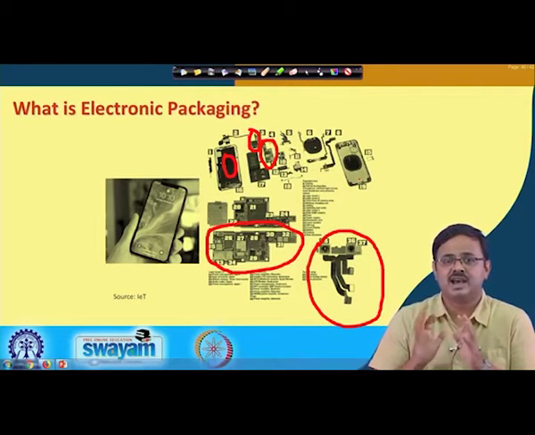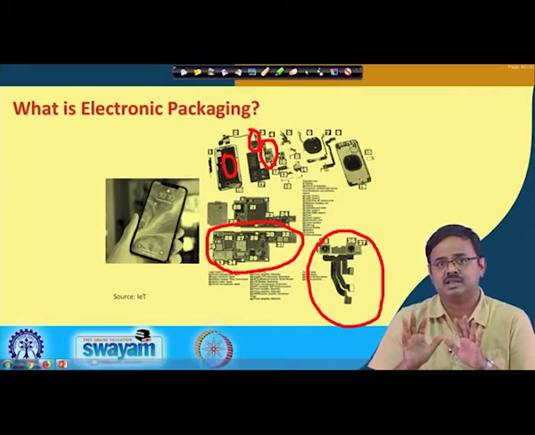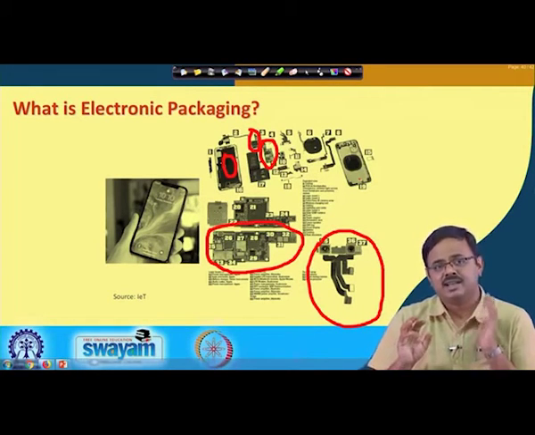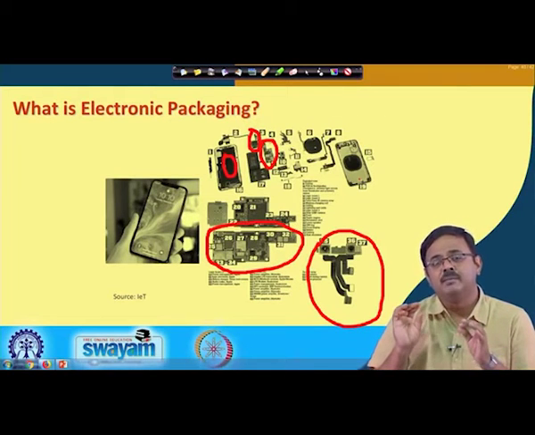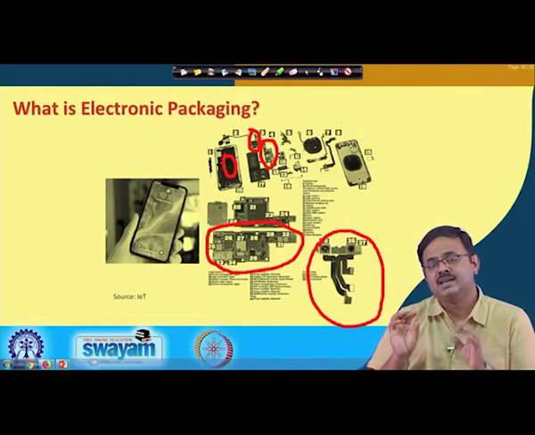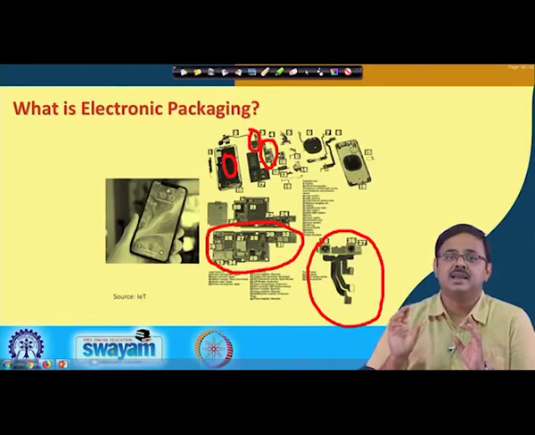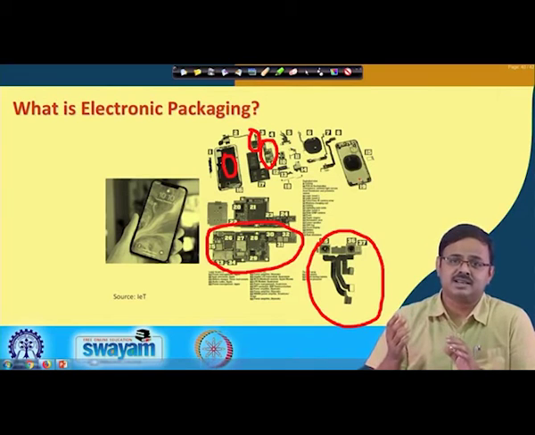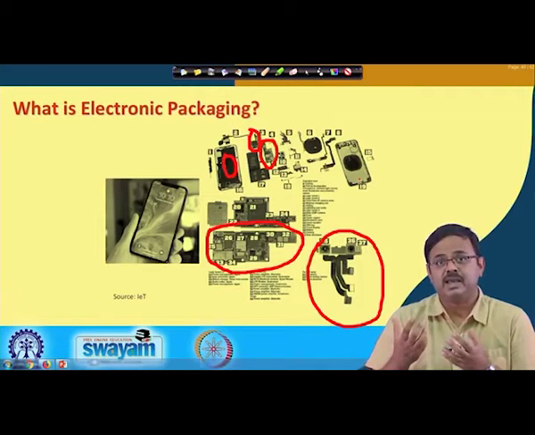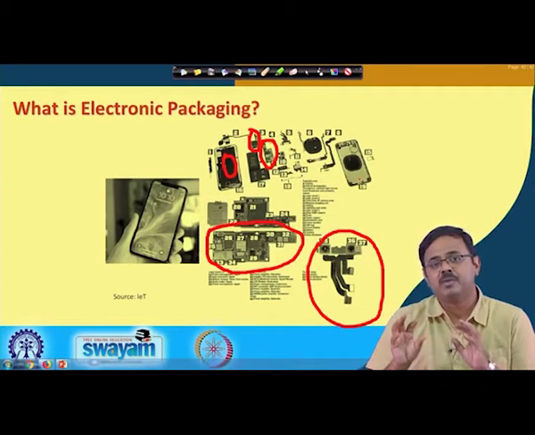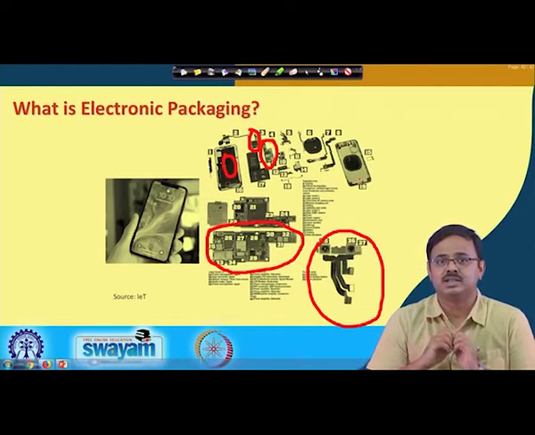All of these functions have to happen in perfect coordination, which means that each of these components, thinking about our smartphone, the main CPU, the graphics chip, the memory, the wireless chip or the controller, the display, all of these have to work in perfect harmony. They cannot just be performing their own functions in isolation.